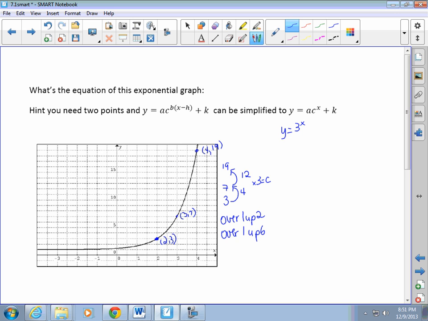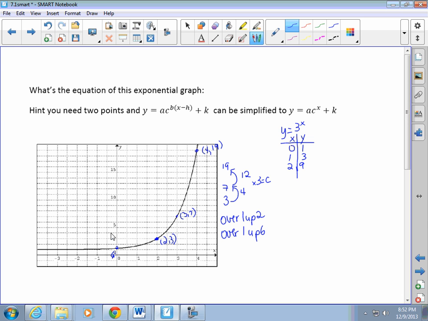Okay, for our base graph, I'll just write it in so you can see what I'm saying. If it was a 0, it would be 1. If it was a 1, it would be 3. If it was a 2, this would be 9. So our base graph would be at 0 and 1, which is here. This is kind of confusing because this is your 0 down here, not right there.